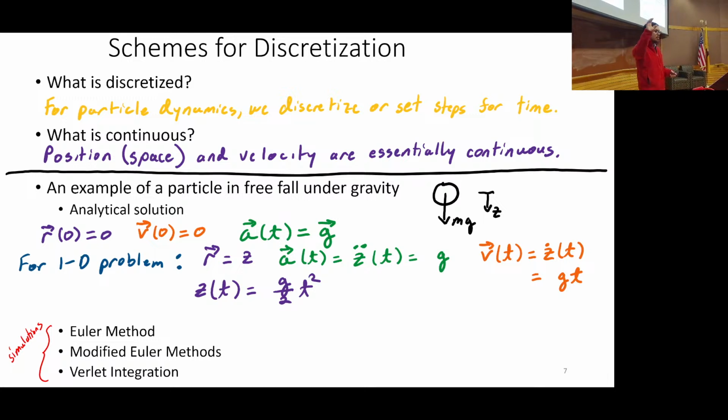And vice versa, if I know how much time has transpired since I released the particle, I know how far I've gone. And if I know how much time has transpired since I released the particle, I also know what my speed is, or my velocity, right? This is our first example of ground truth.